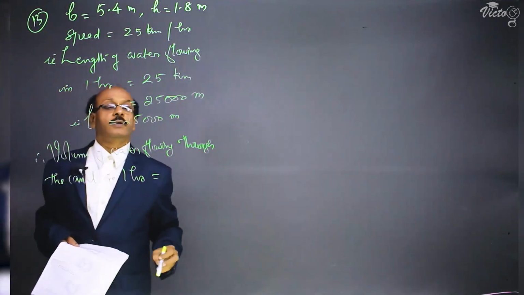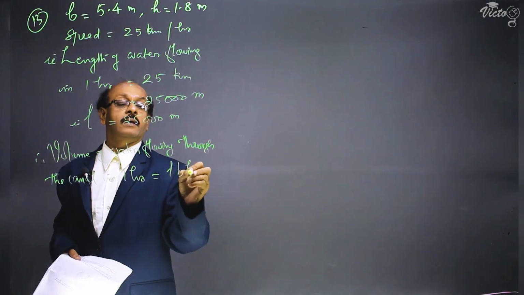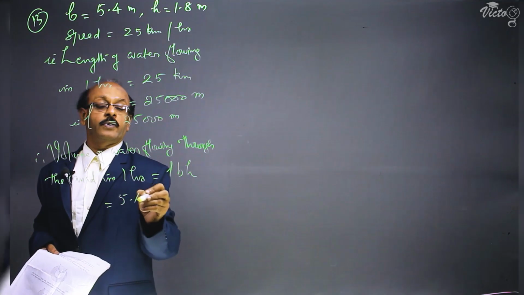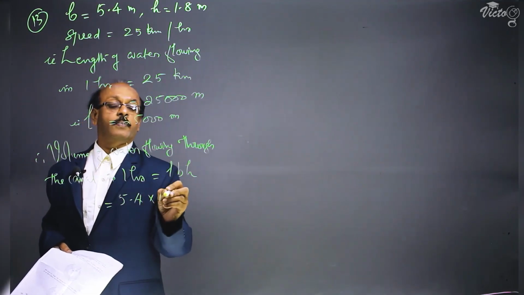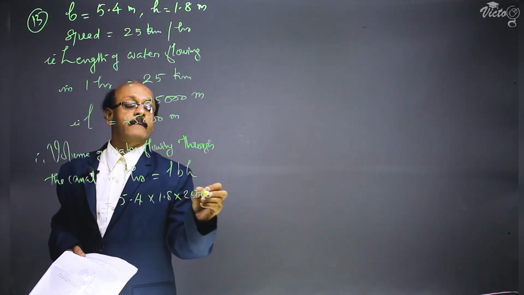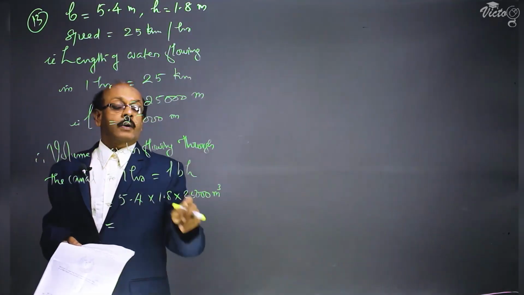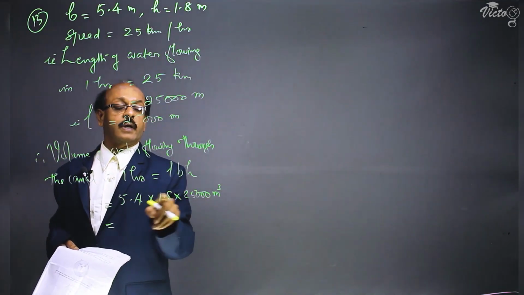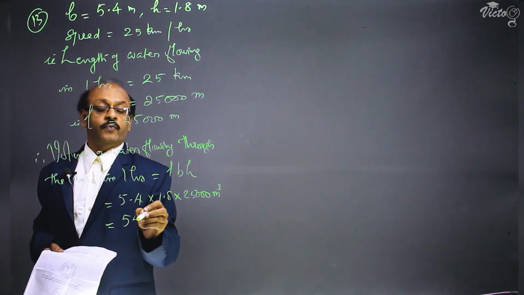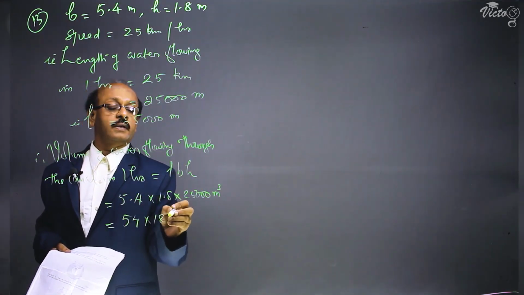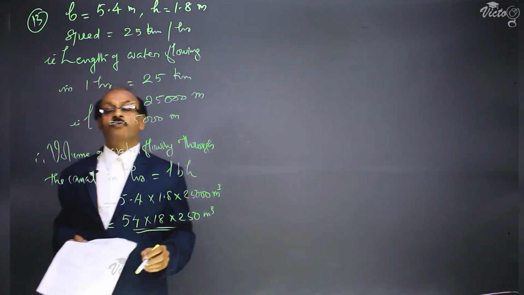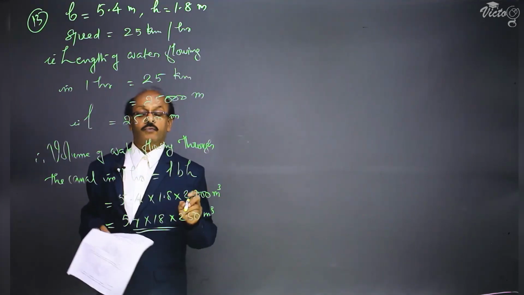Formula is L into B into H, which is equal to 5.4 into 1.8 into 25,000 meter cube. Here the decimal points will be cancelled. That is 54 into 18 into 250 meter cube of water is flowing through the canal in 1 hour.